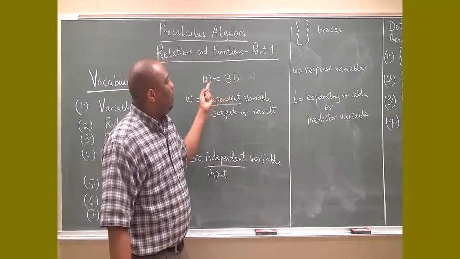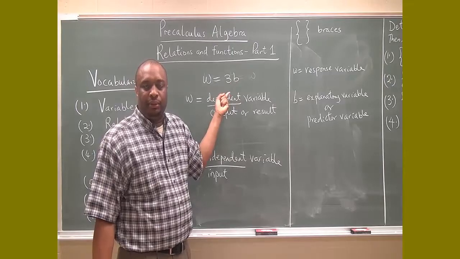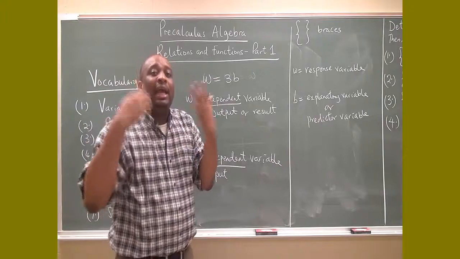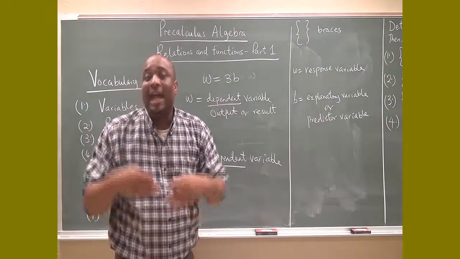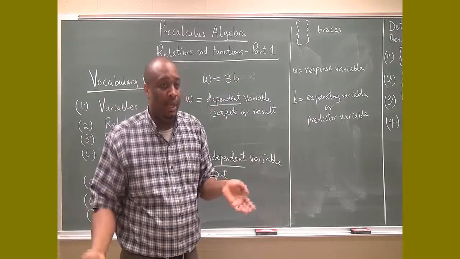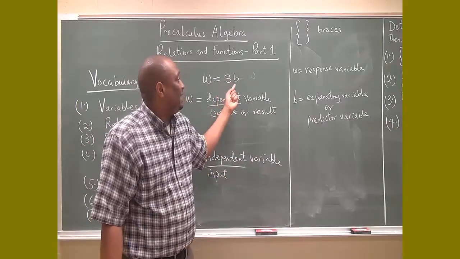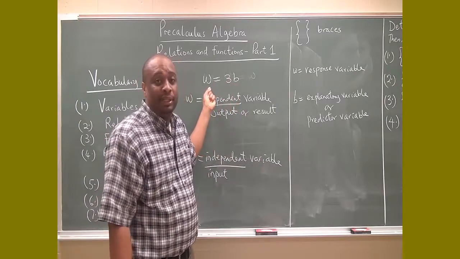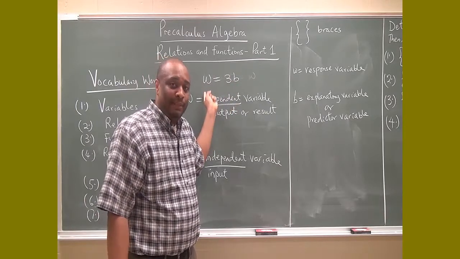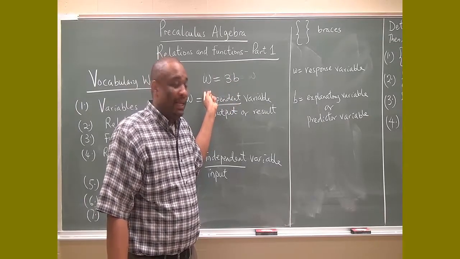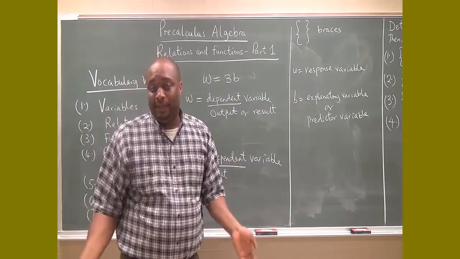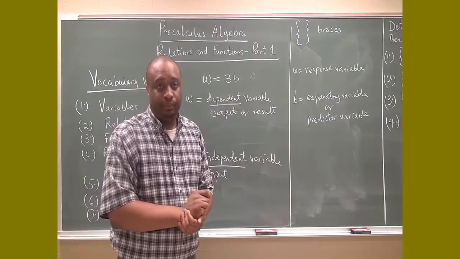Once I establish this equation, then from here I can predict: if somebody eats 10 burgers, I can predict the weight that the person will gain. This is the predictor and this is the response. Is that clear? So if somebody eats 10 burgers, I already know that the person will gain 30 pounds from this equation. Okay?